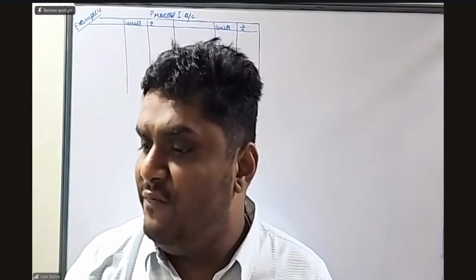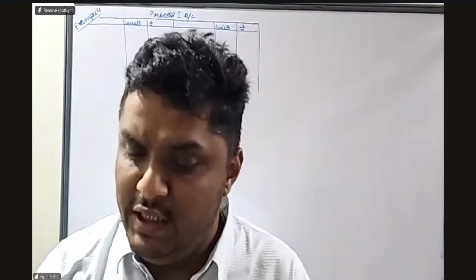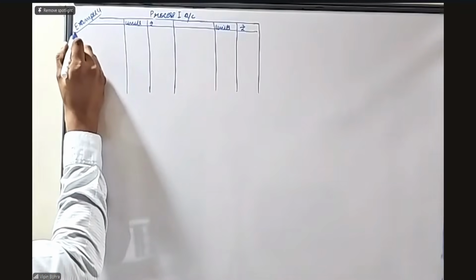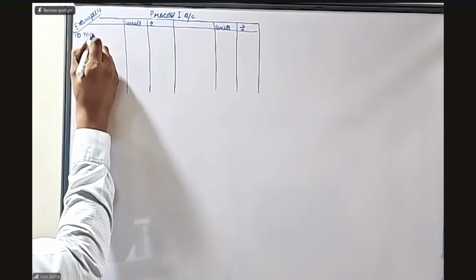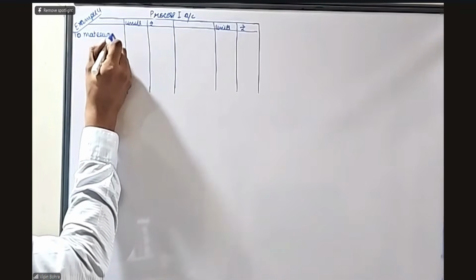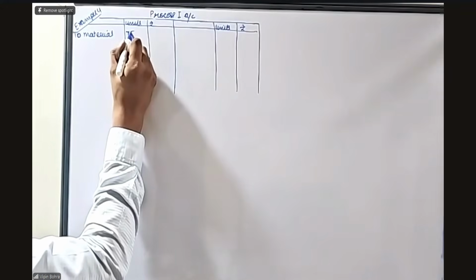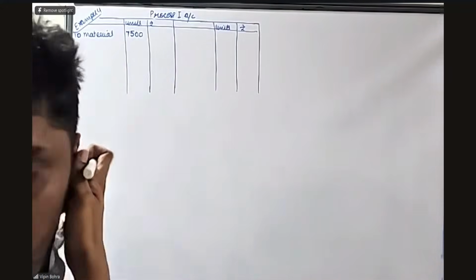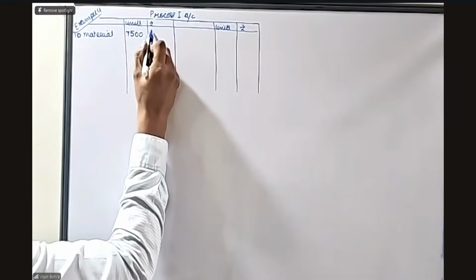It is 7,500 units and the cost is 60 rupees per unit. So it is 4,50,000.